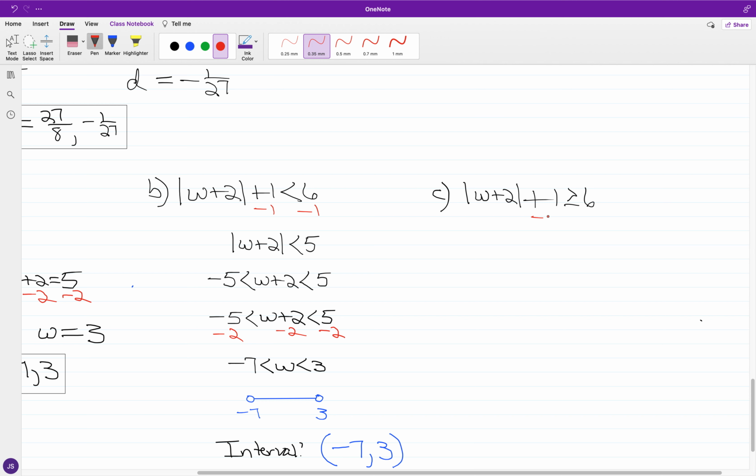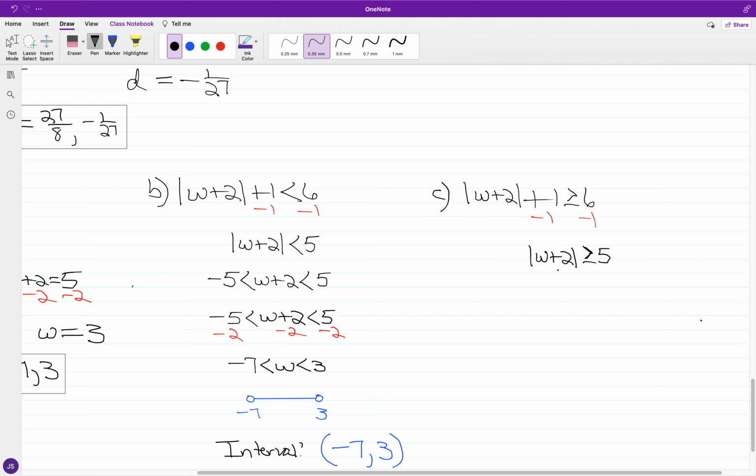Taking 1 away from both sides, we have that the absolute value of W plus 2 is greater than or equal to 5. So again, whenever the absolute value inequality is less than or equal to, you had the formation of a compound inequality.